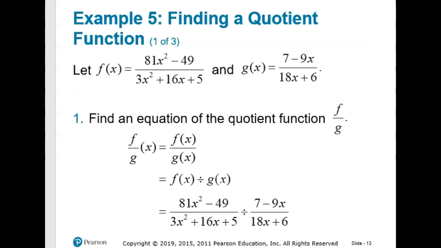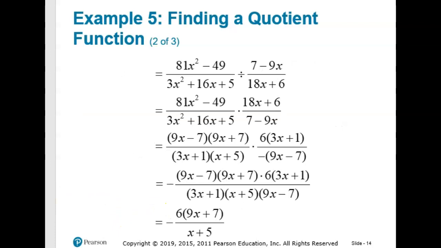So let's take a look at this, and we will see that when you are given two separate functions and you want to divide them, you simply rewrite them as a division problem, then change it to a multiplication problem here, and start to factor here.